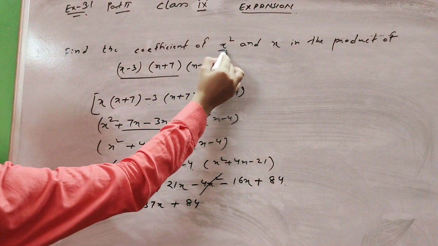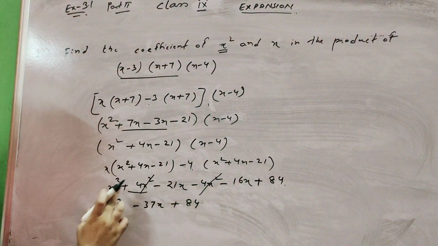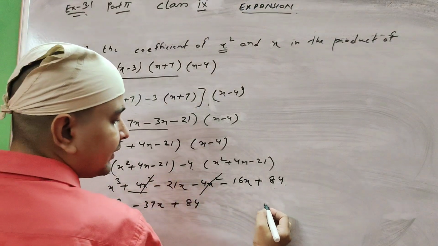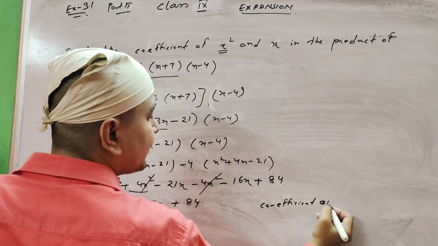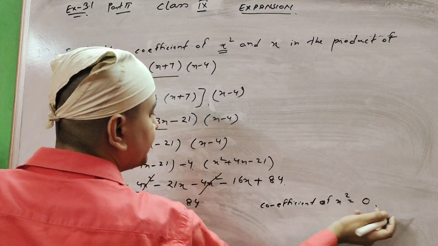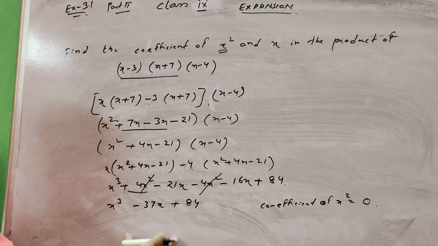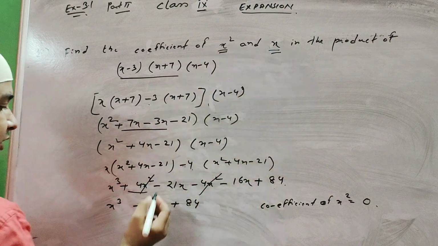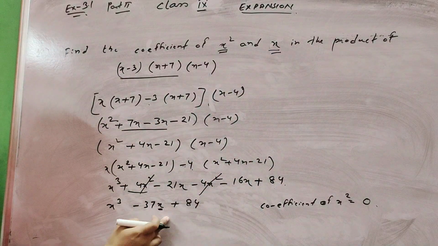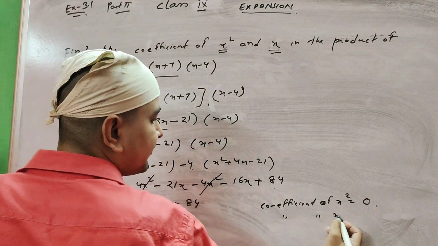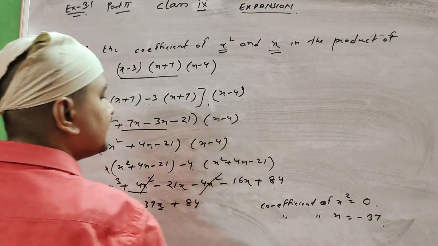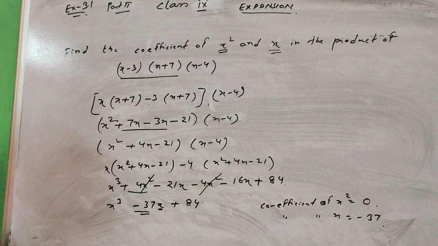Write the coefficient of x square: nothing is in the x square, so the coefficient of x square is 0. And write the coefficient of x, that means what is along with the x. With x it's minus 37, so the coefficient of x is minus 37. Clear? Note.